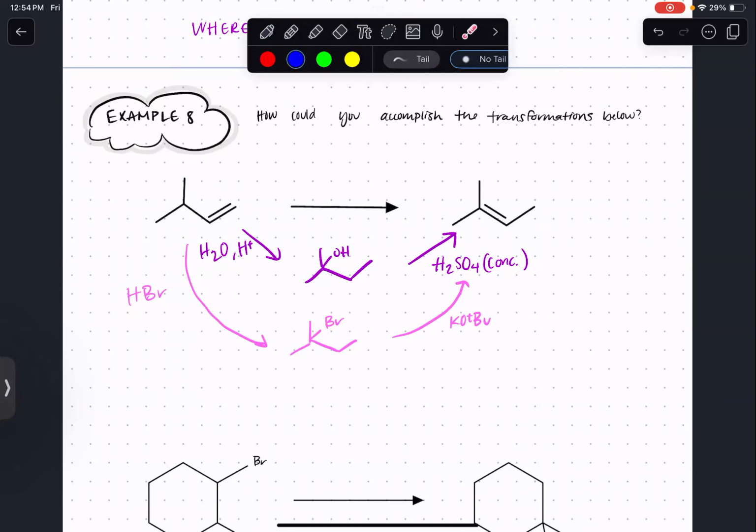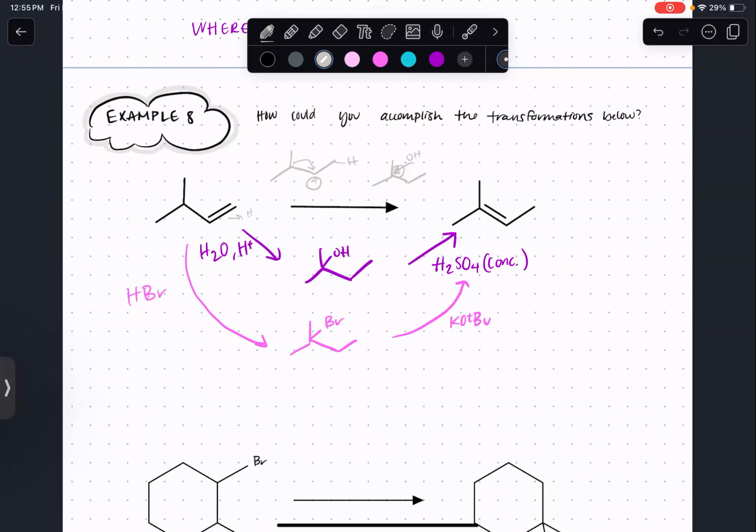Yeah, so what happens here, and this goes back to the mechanism for it, is we're adding hydrogen first to this double bond. It's going to add over here. We're going to get a carbocation there. Now, I'm saying that there's carbocation rearrangement, and that's how I'm going to get my carbocation here so that my OH can go in right there.